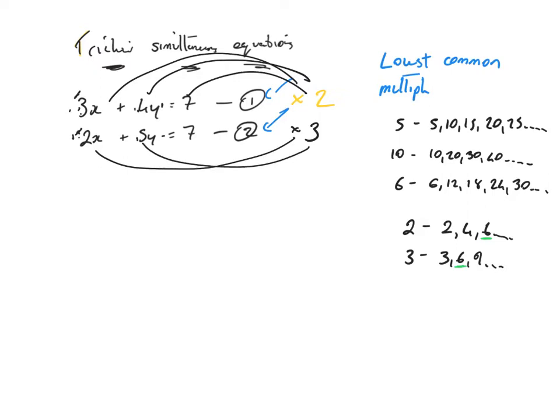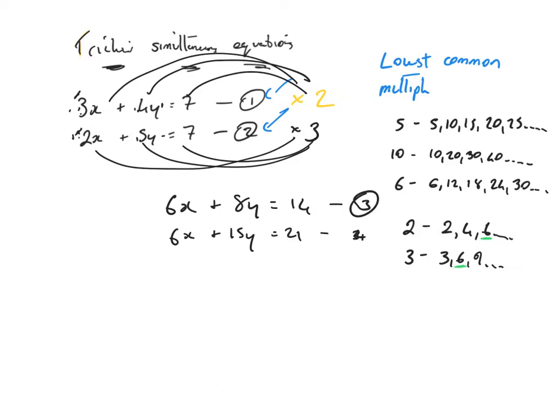Okay, so that'll give me 2 brand new equations. 3x times 2 is 6x, 4y times 2 is 8y, and 7 times 2 is 14. That's now equation 3. We're now going to multiply equation 2 by 3, so 2x times 3 is 6x, 5y times 3 is 15y, and 7 times 3 is 21. And that's now equation 4.